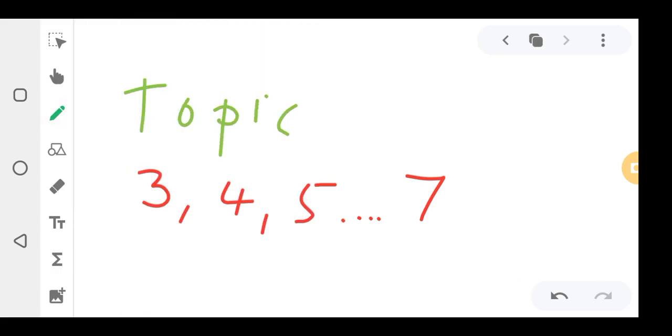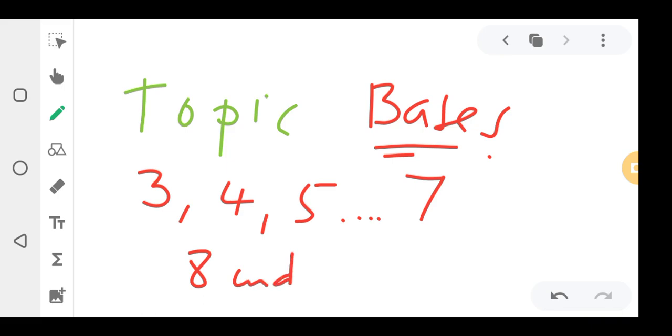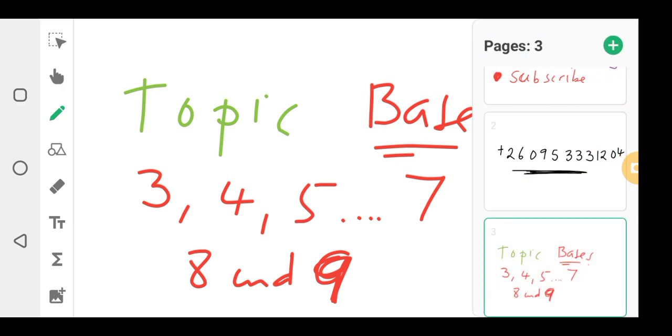It's called number bases. So grade 3, 4, 5 and 6, and also grade 8 and 9 deal with this same topic. So this is the introduction.